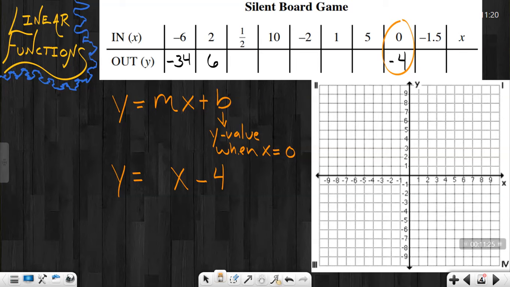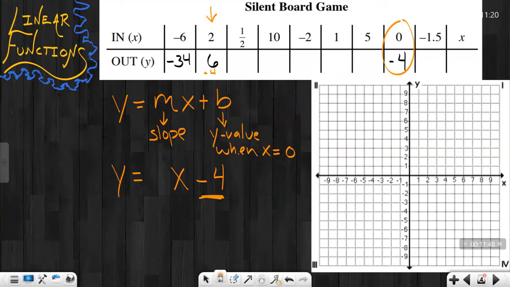Now, I want to find out what is my slope, or what is my rate of change, or what am I increasing or decreasing by. And to do that, I'm going to pick any of the other points given to me, and I'm going to work backwards. I know that when I was given 2, I got 6. And I know the last step that I did to get there was what we just found, which was subtract 4.